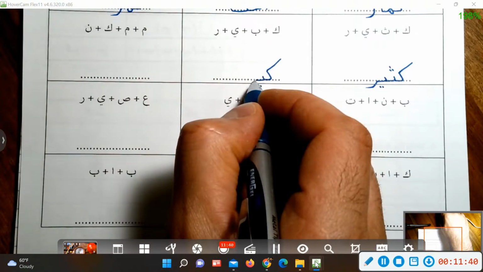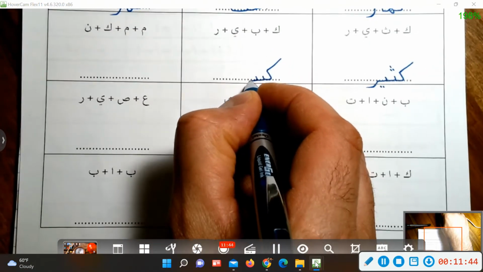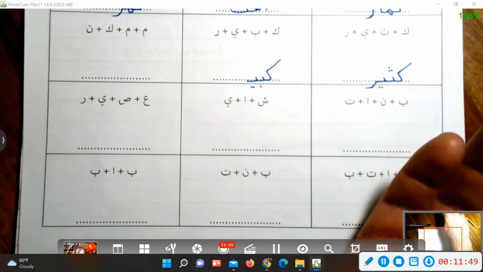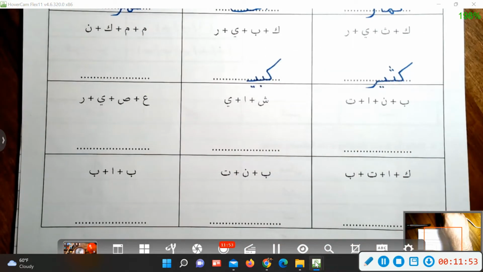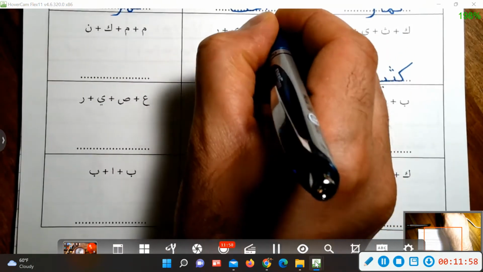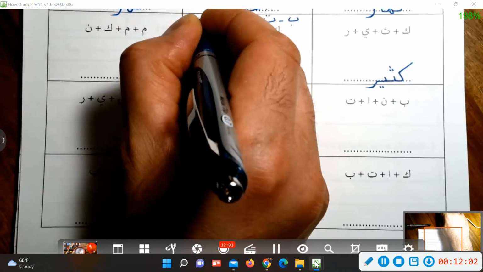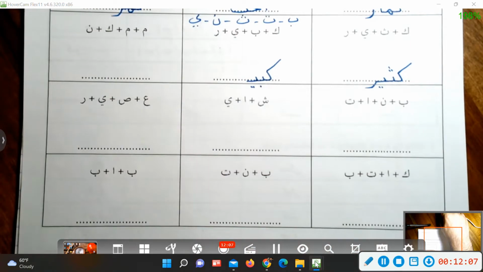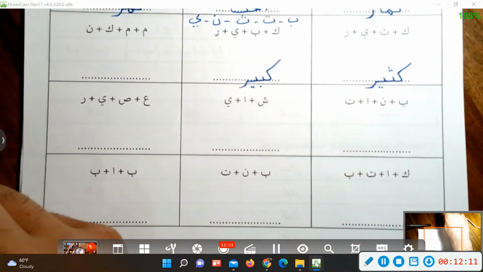We keep it open from here without a tail so we can connect the next letter, which is ya, which looks like ba and ta and noon. As we said, when it's connected, all these 5 letters look alike, which are ba, ta, tha, noon, and ya. When they are connected, they look alike. Kabir, ra, written under the line.